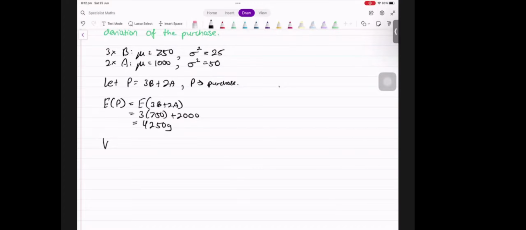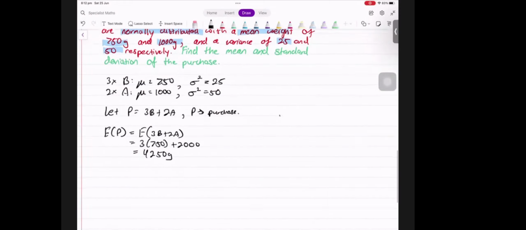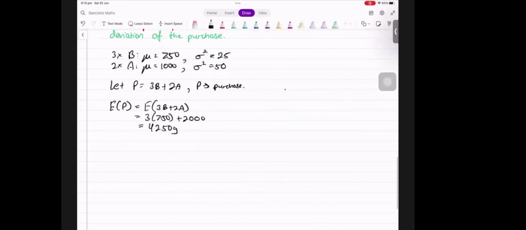Now, if we want to get the standard deviation, first we need to get the variance, because standard deviation doesn't have its own properties, only variance does. So first we get the variance of P, which is equal to the variance of 3B plus 2A. That's the same as the variance of 3B plus the variance of 2A.